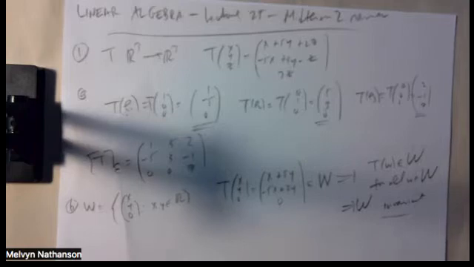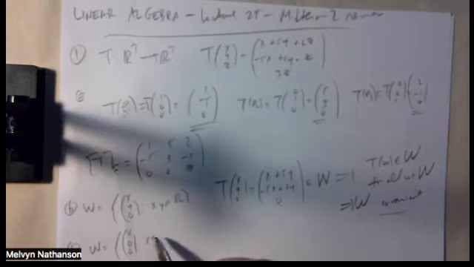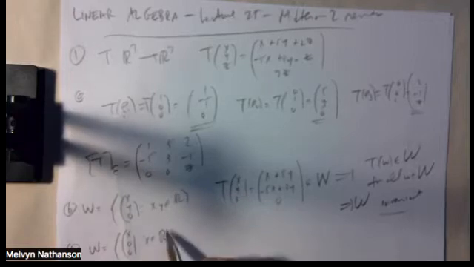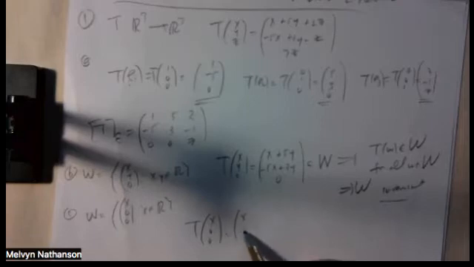What about if we take the subspace W, which is all vectors whose only non-zero coordinate would be the first coordinate? Or it's better to say all vectors whose second and third coordinates are 0. So if you apply T to such a vector, you get what? When y and z are 0, you get x, minus 5x, 0.